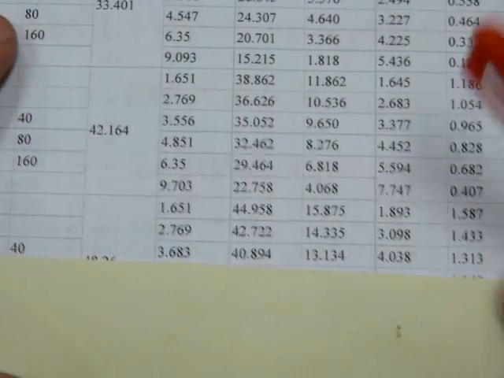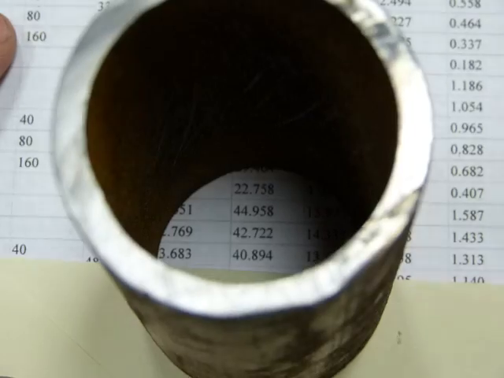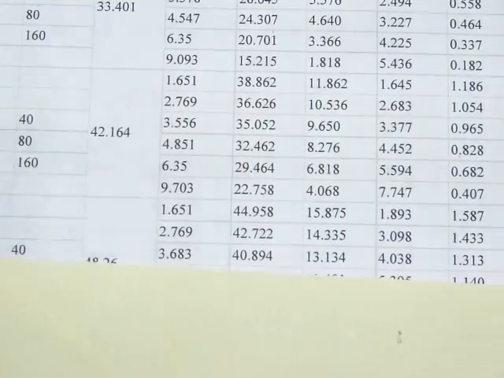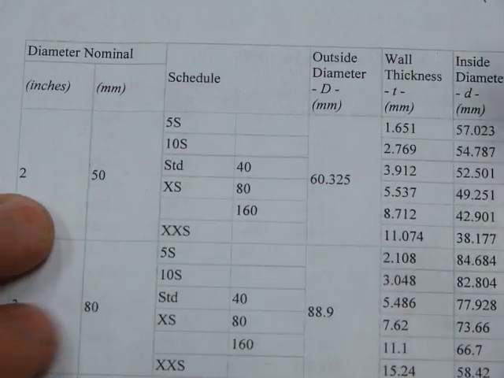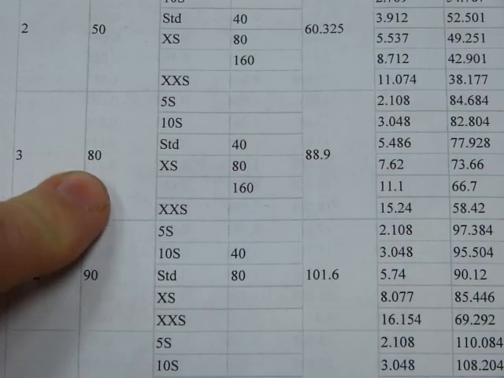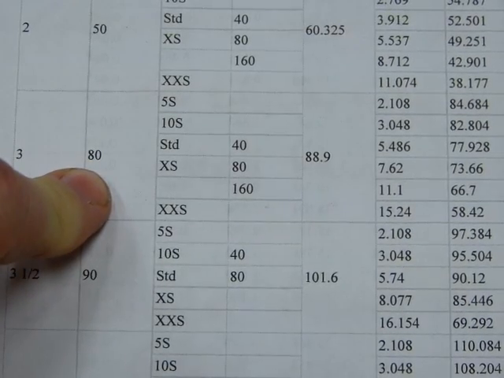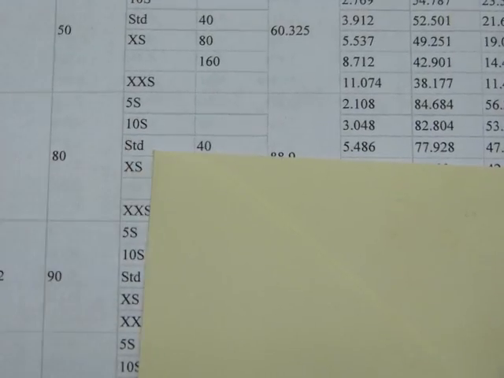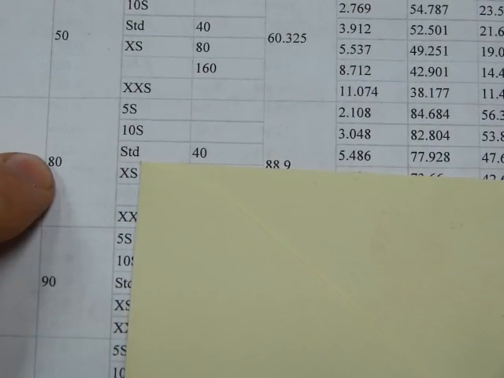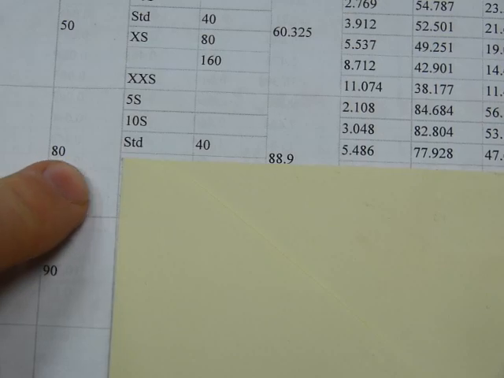Let's do another one. How about this one? This is bigger and heavier. This one is 60 millimeter pipe. So I'm gonna flip it over. This is 60 millimeter pipe. Okay, I don't have it. Okay, let's pretend this is 80 millimeter pipe. And let's pretend this pipe is schedule 10 strong. So you find the 80 millimeter pipe data.